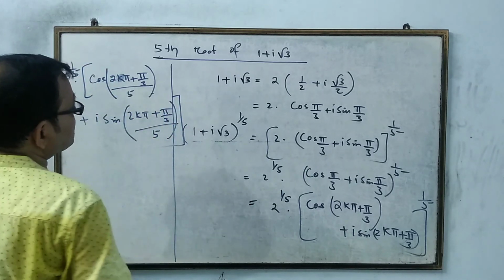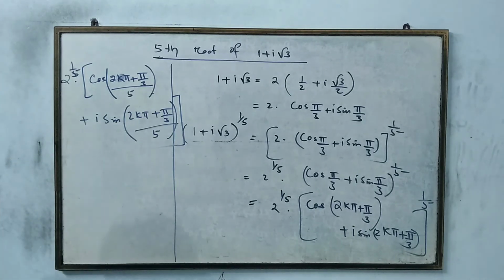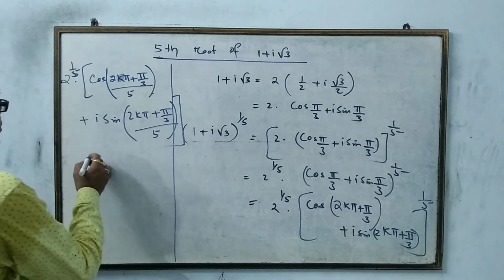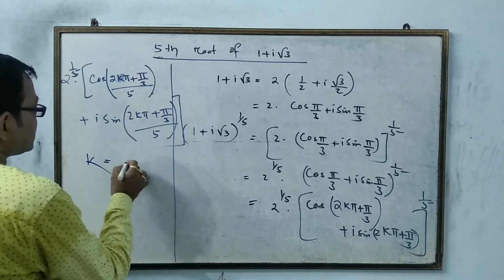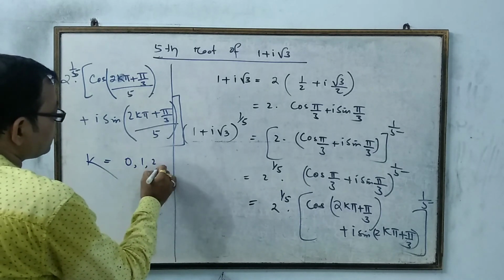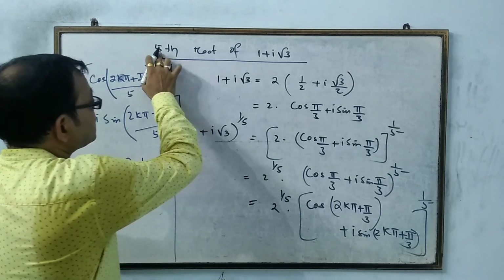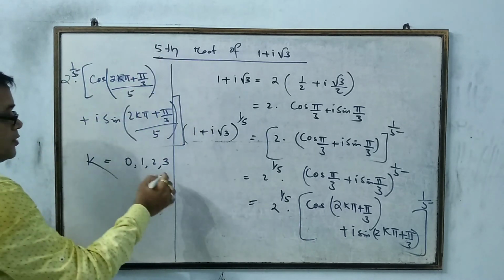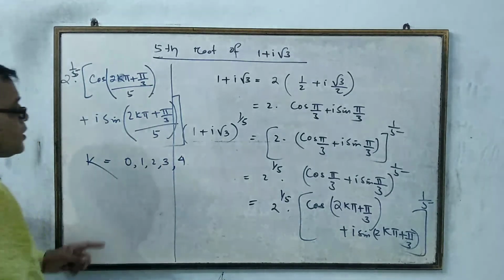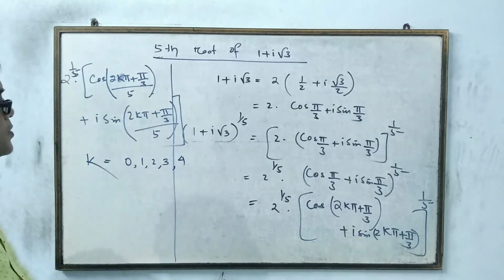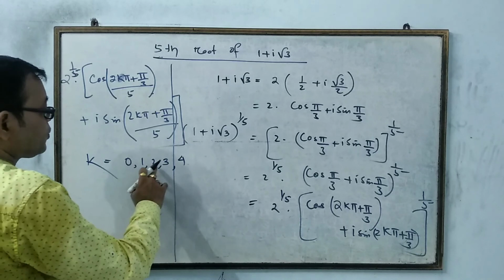We keep it in the square bracket. We got it? What is the value of k now? I can write k is equal to 0, 1, 2, 3 up to n minus 1. So we are getting the fifth root, n is equal to 5 here. You see? 1, 2, 3, 4, 5 values. K equal to 0, 1, 2, 3, 4.